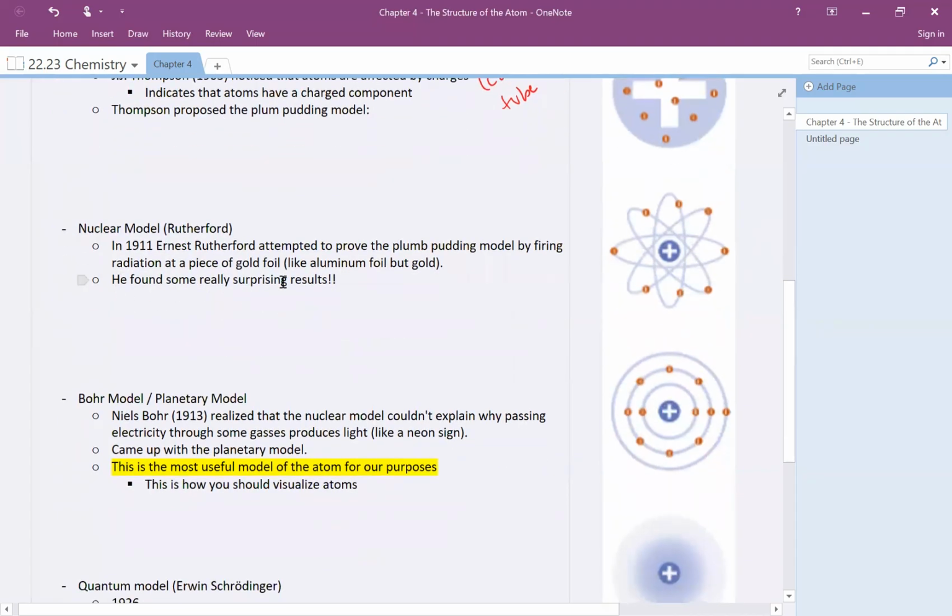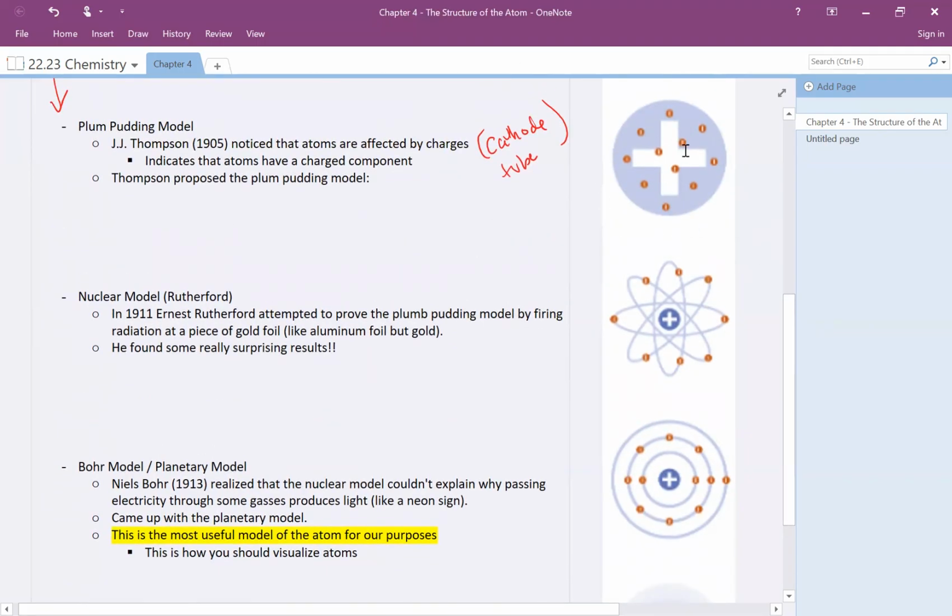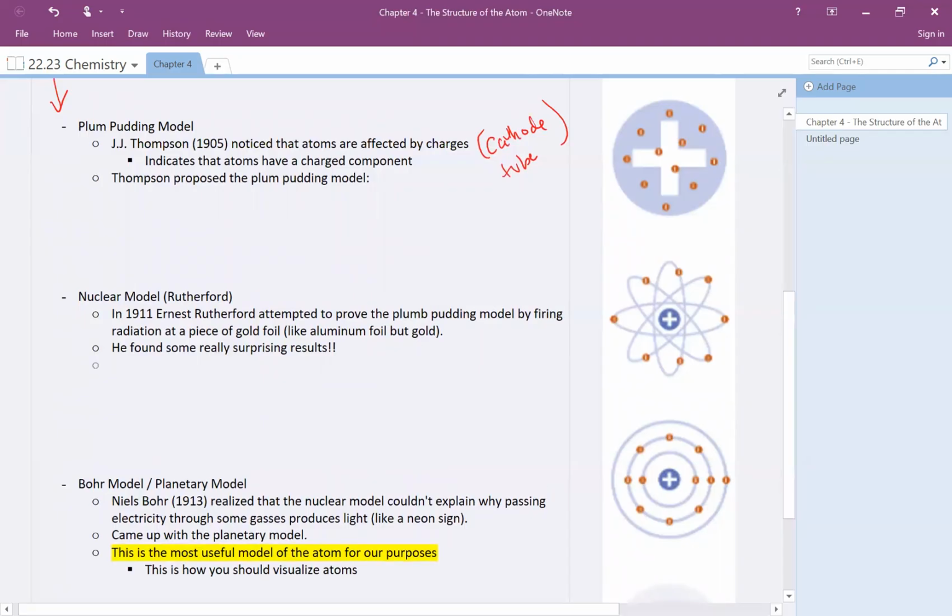Rutherford found some shocking results. He expected that most radiation would bounce off the atom and be scattered by this solid substrate. So we can write: expected most radiation to bounce off from the atom.